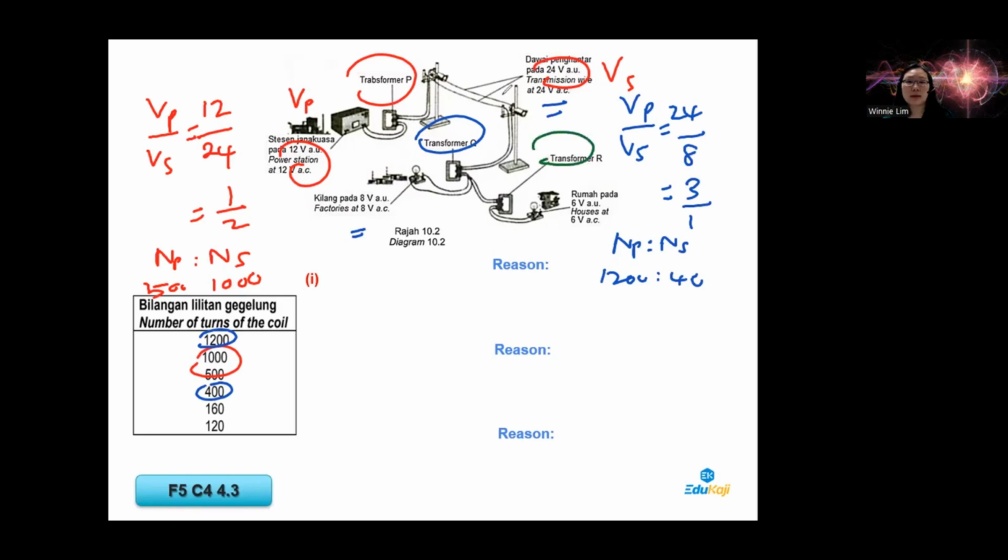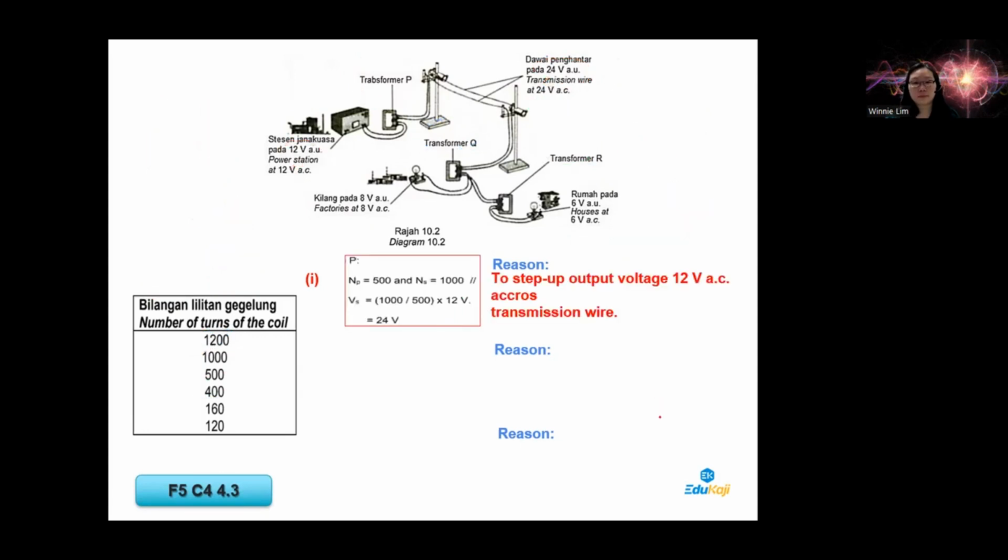Okay, so the ratio is 24 to 6. That means you will have 4:1. So which one is 4:1? Maybe we see the answer together.